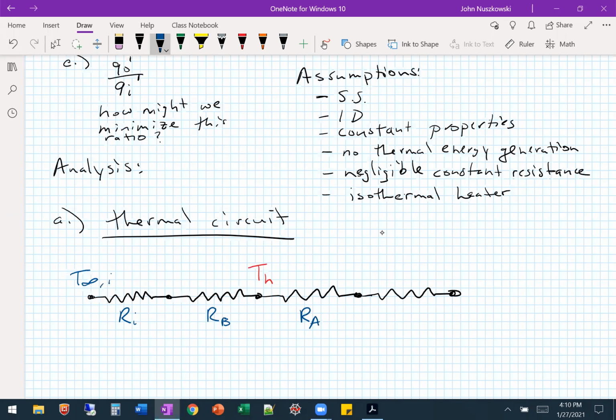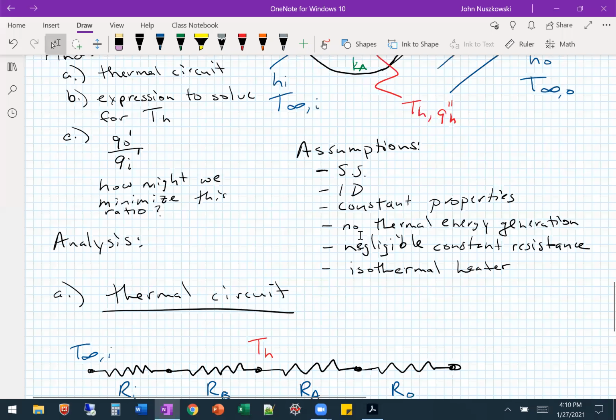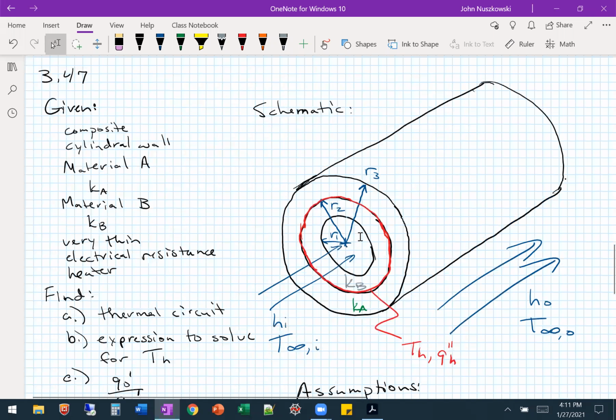Professor, can you go back to the schematic real quick? So when we're going from R1 to the material to R2, is there not going to be a resistance that's developed there? Or is it just the same material? So from R1 to R2, that is all material B. What about from the center out to R1? Do we have a change of material that way?